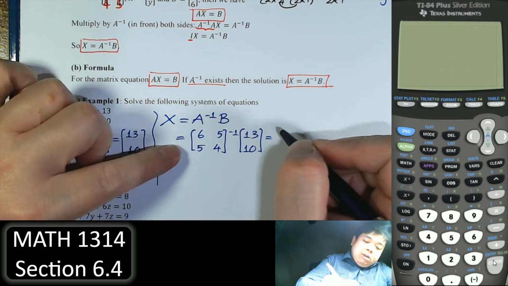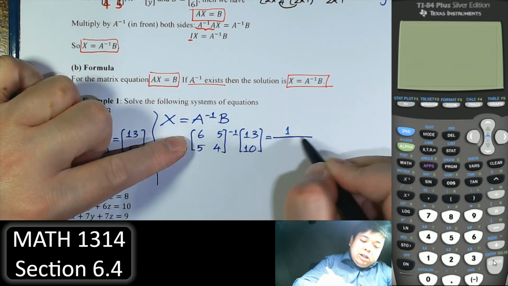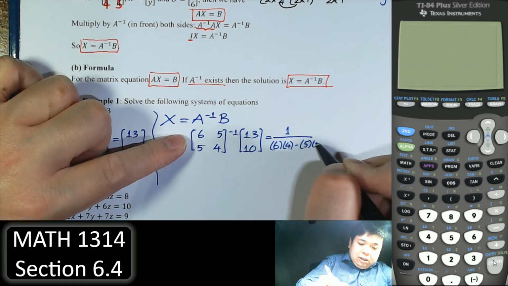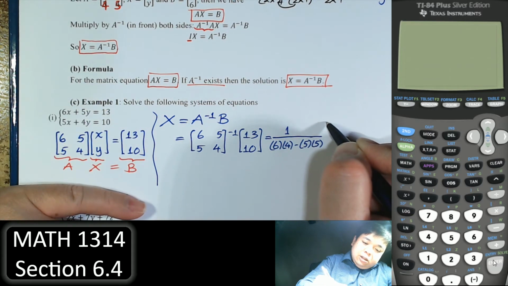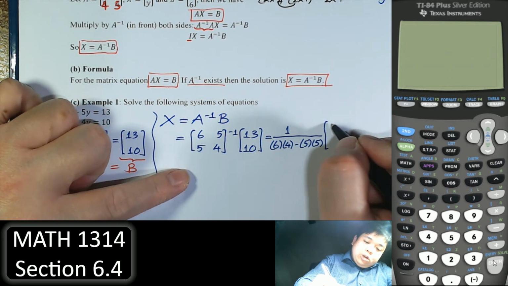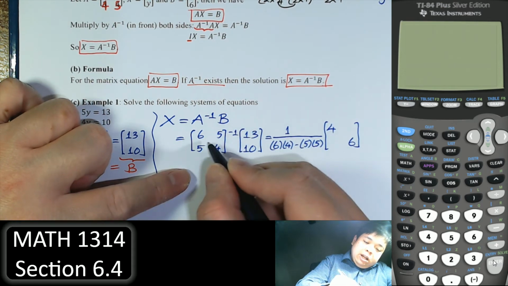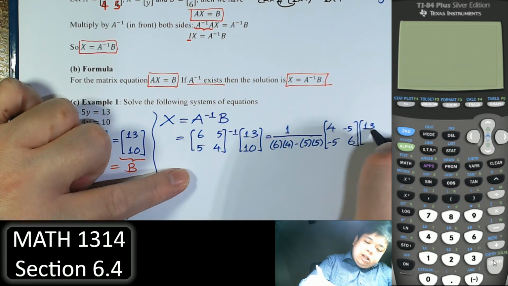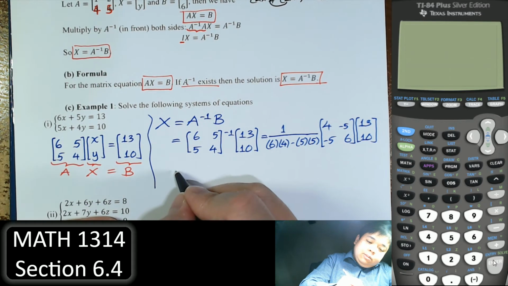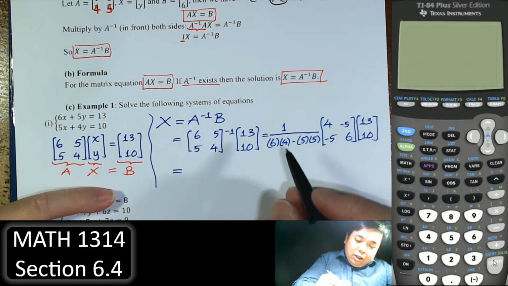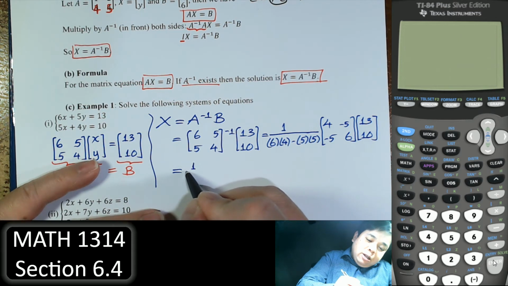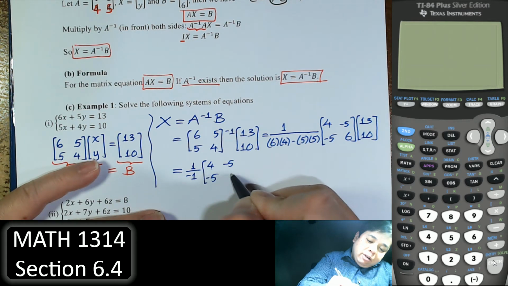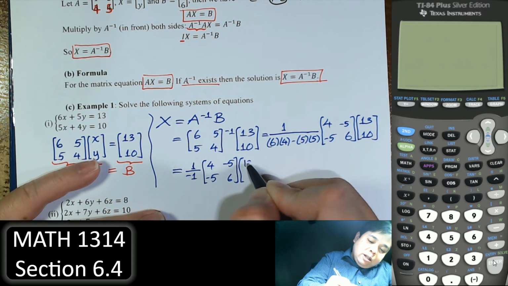Right. And find the inverse of a 2 by 2 matrix. Multiply 6 times 4 minus 5 times 5, and then 6 and 4 interchange their places. 5 and 5 change the sign. So multiply 13 and 10. Right. So 24 minus 25, so just minus 1. 4, negative 5, negative 5 and 6, 13 and 10.